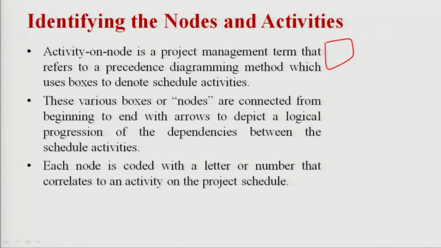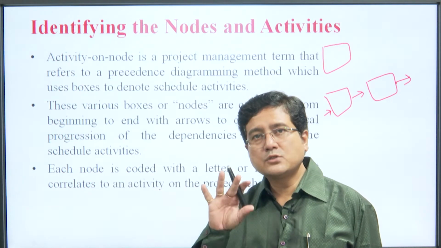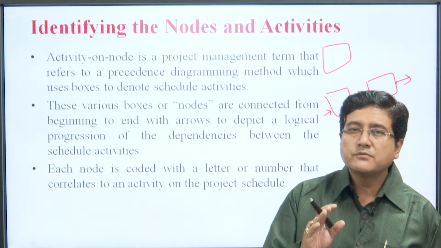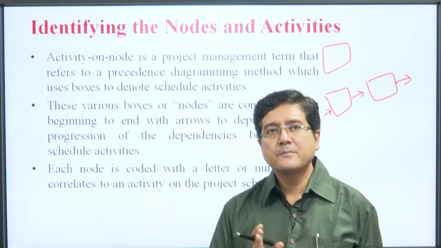These various boxes or nodes are connected from beginning to end with arrows to describe the logical progression of dependency between schedules. Like this is one box, this is another box, these are the activities and both boxes are connected like this. It shows one box depends on another box, or that one box is working independently.